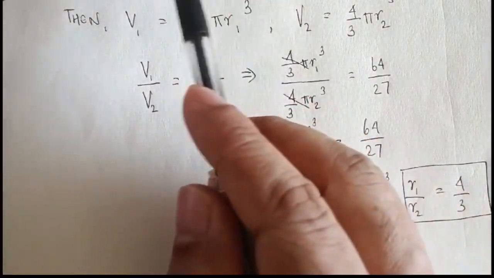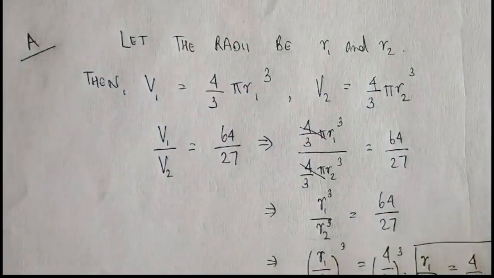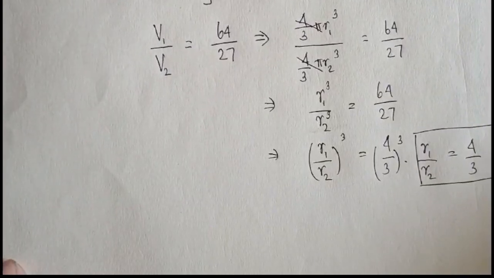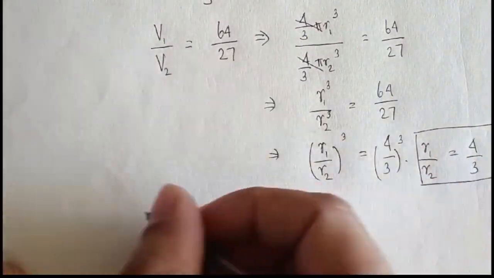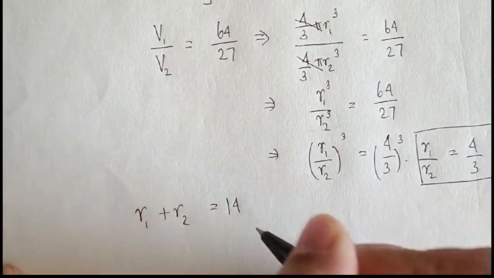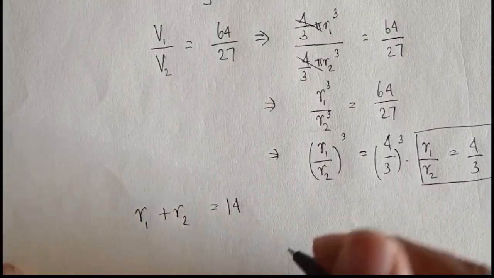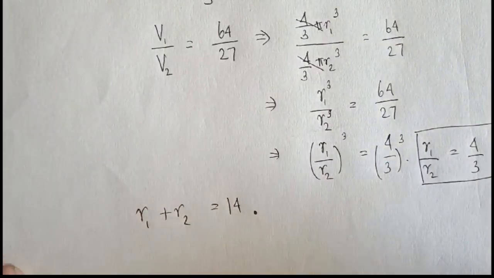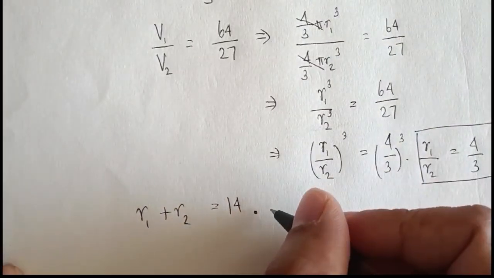But we also know that R1 plus R2 is equal to 14, and we just found out that R1 by R2 is equal to 4 by 3.